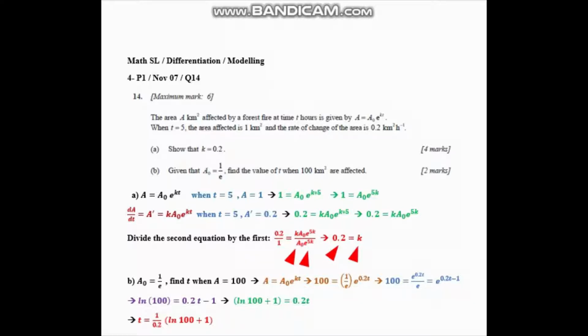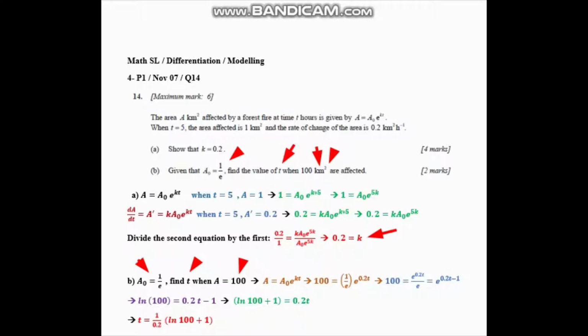So question B tells us that you are given that A naught equals 1 over e, and you want to find the value of t when 100 kilometers squared are affected. So from the unit of this number, we know that this is the area. The area is 100. So I want to find t when A equals 100 and A naught equals 1 over e, and knowing that k, which is a constant, is 0.2.